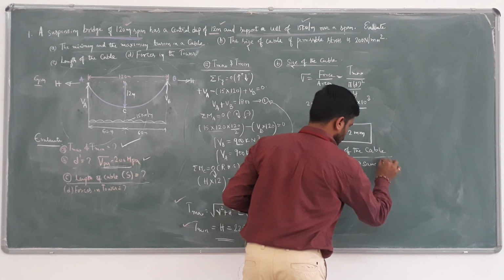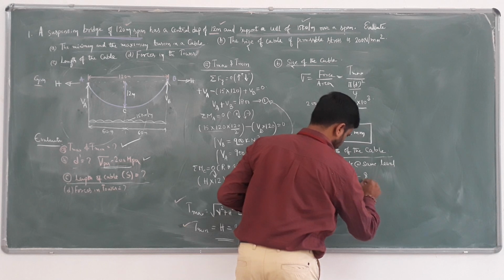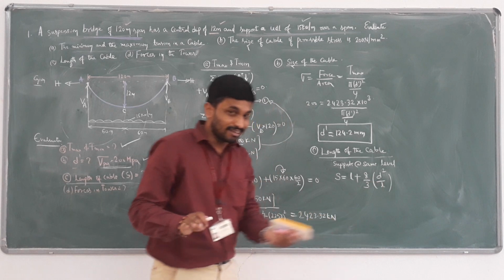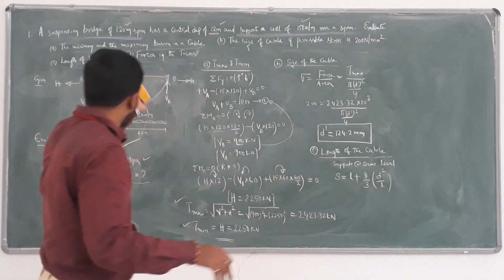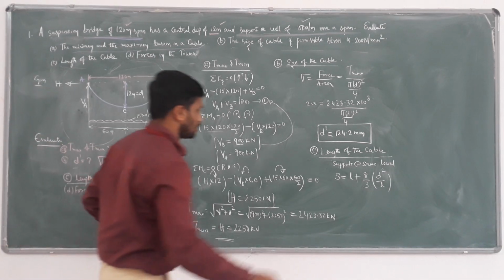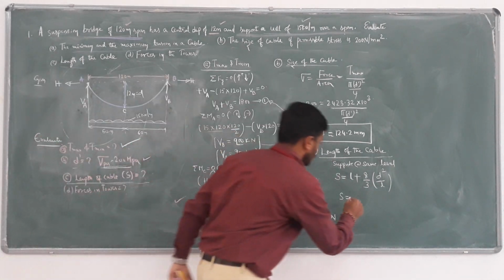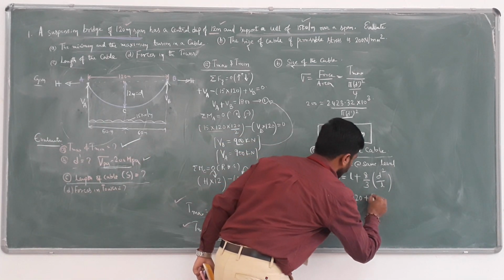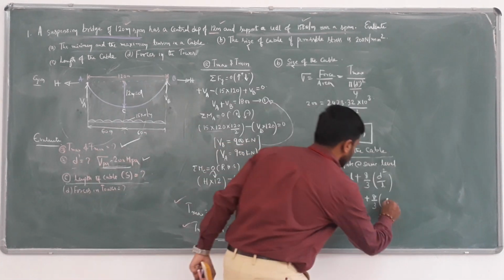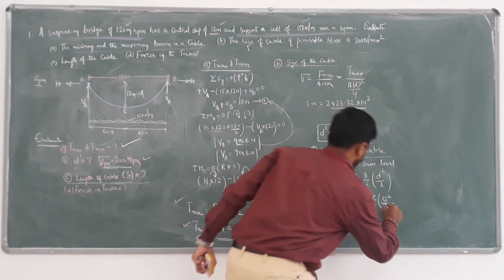What is the equation? S equals L plus 8 by 3 into d square by L, where d is the dip, given as 12 meters, and L is the span, which is 120. So S equals 120 plus 8 by 3 into 12 square divided by 120.